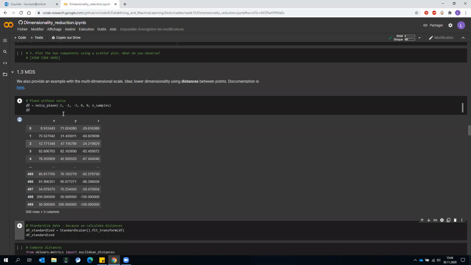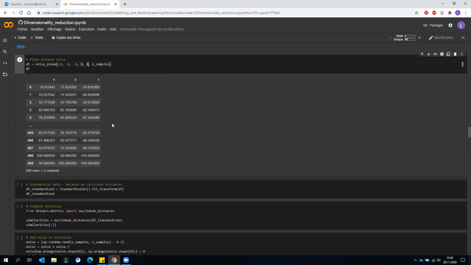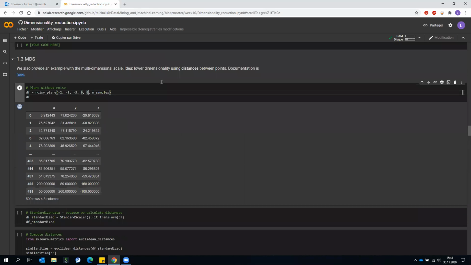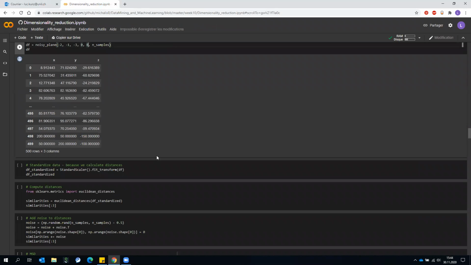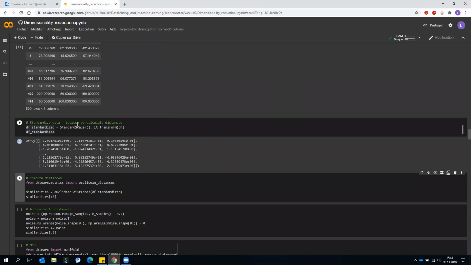I have here a plane without noise, so the noise is 0. I will add the noise to the distances. I standardize it because we calculate distances, and it's always good to standardize when dealing with distances. So this yields something like this.